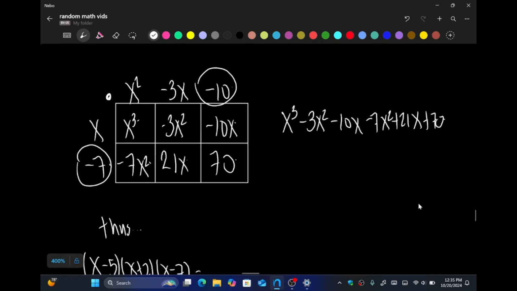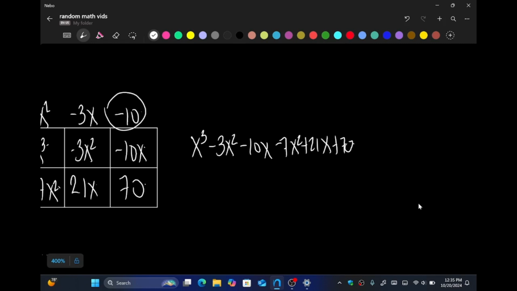Sorry guys, I forgot to do that. So we have negative 3x squared, negative 7x squared. We have a negative 10x and a positive 21x. And then the rest is just by itself.